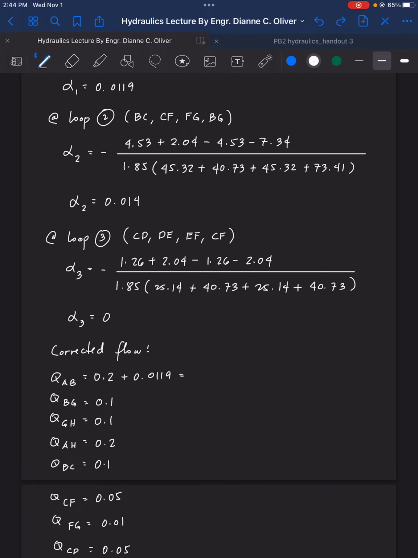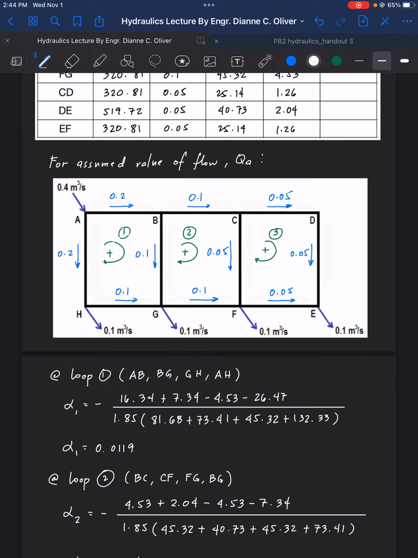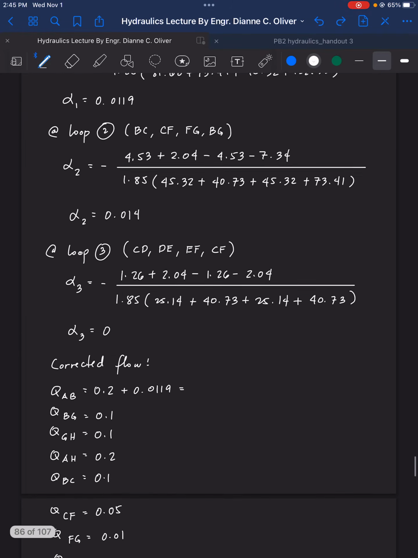In loop number 1, BG is positive because its flow is clockwise with respect to loop 1. Therefore, the correction for pipe BG is positive for loop number 1, while for loop number 2, since it's countering the flow of loop number 2, the correction for BG is negative.